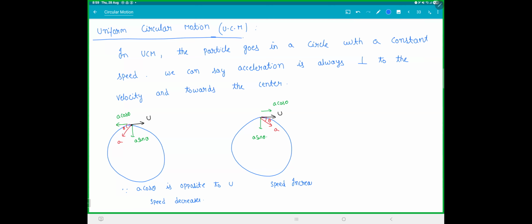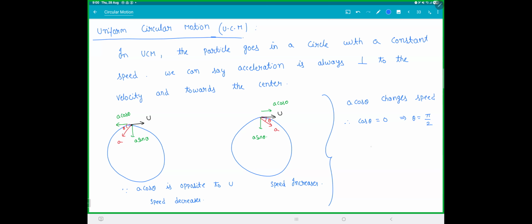So now you think about it. If I put obtuse, your speed will decrease. If you put acute, speed will increase. Then there is only one possibility left. a cos theta will keep changing the speed. Therefore, a cos theta must be 0. That means theta must be 90 degrees.